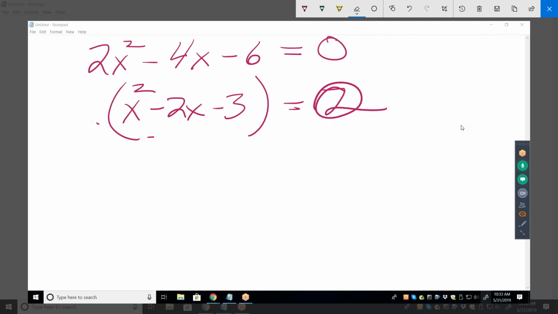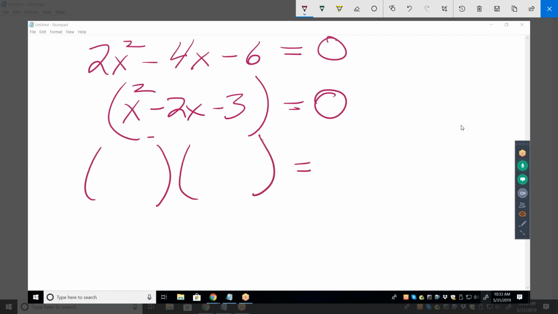Okay, now we have this problem, which is easier still. So now it's a simple factoring problem. And factoring is probably one of the most valuable skills you can have at this level of math. You got to be able to factor.